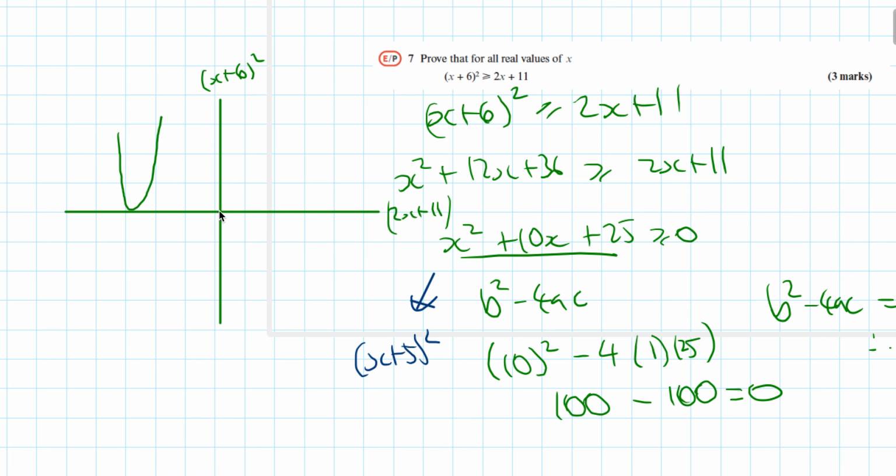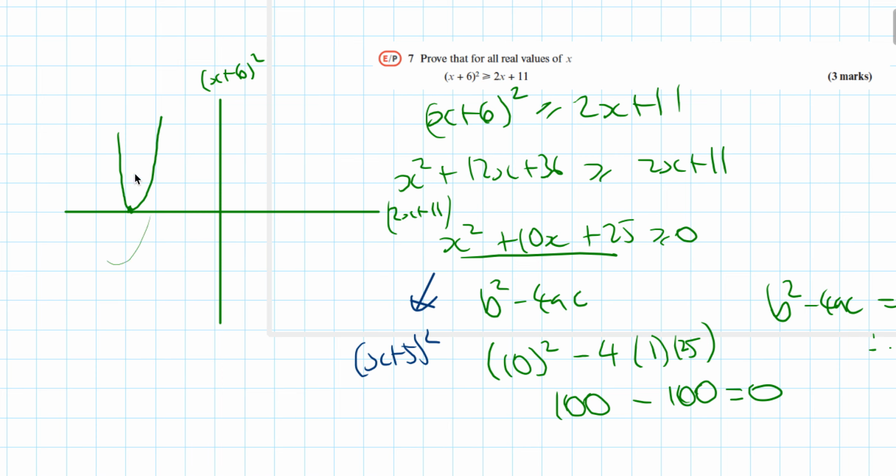So obviously you could draw x squared plus 10x plus 25 as a normal x and y graph, but here, because I've rearranged it, the difference between them shows that there's 0, that's where the meeting point would be between them.